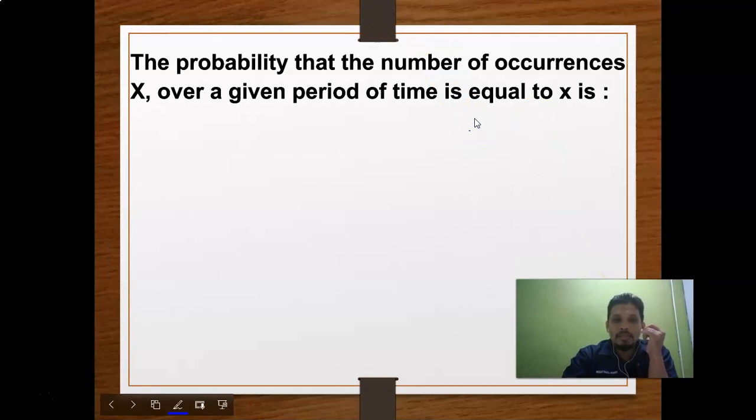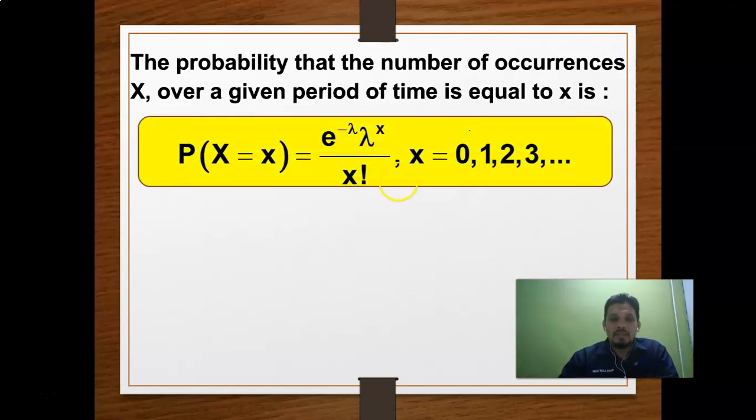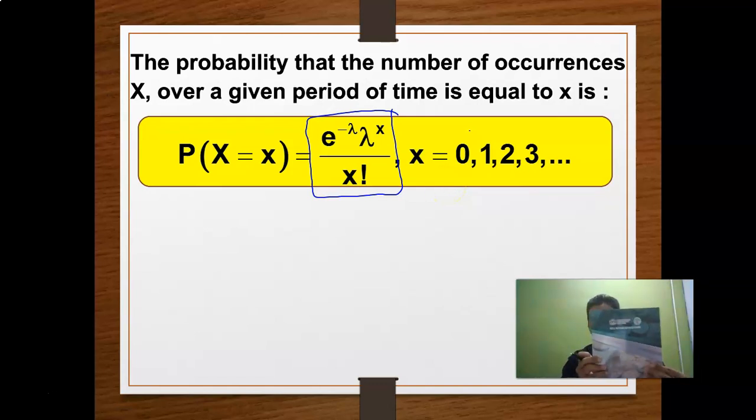So the probability of the number of occurrences x over a given period of time is given by this formula. This is the formula if we would like to find the answer using a calculator. We have two options: use the calculator with the formula, or use the statistical table.